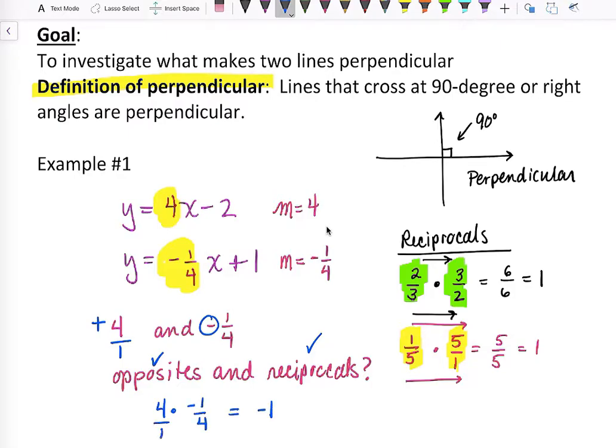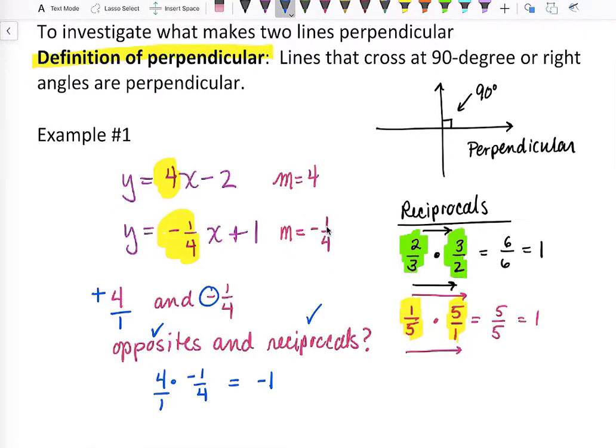Remember, opposites and reciprocals must have a product that is equal to -1. When I multiply these together, I get -4 in the numerator and 4 in the denominator, which equals -1. So we have checked that the slopes are opposites and reciprocals, so we would say these lines are perpendicular.